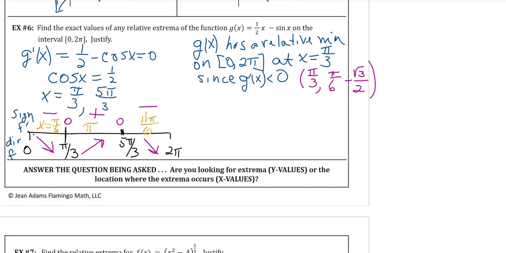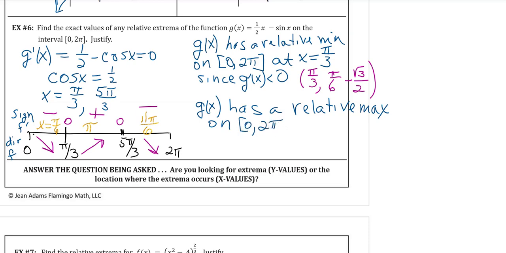And then g of x has a relative max on our interval, because obviously this is going to be a function beyond 2 pi. You're going to have repeated relative minimums and maximums.